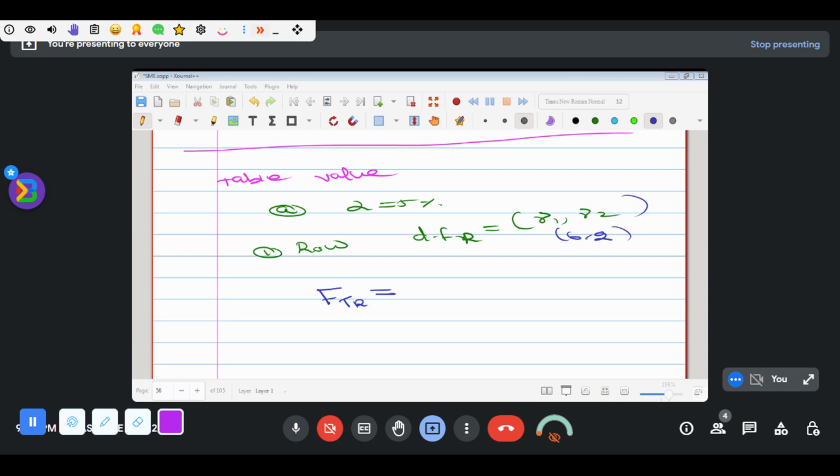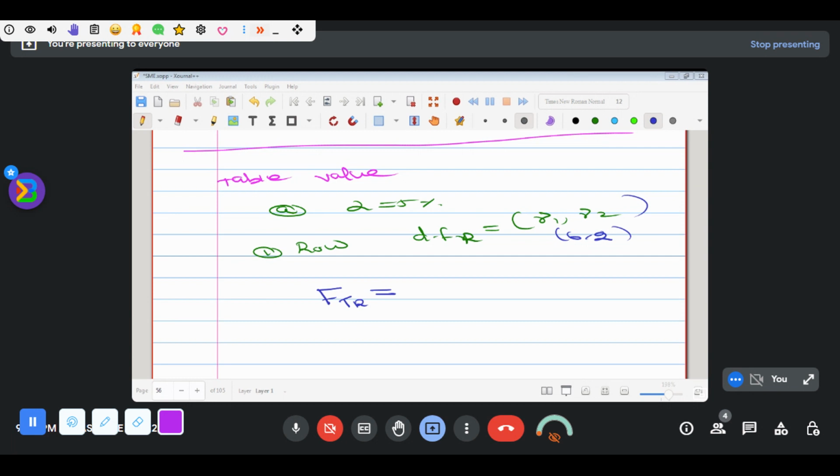DF, we have to take 6 and 2. Yes, row is 6, 2, correct. 6 comma 2, 0.95.